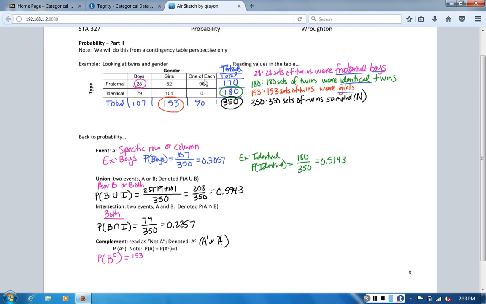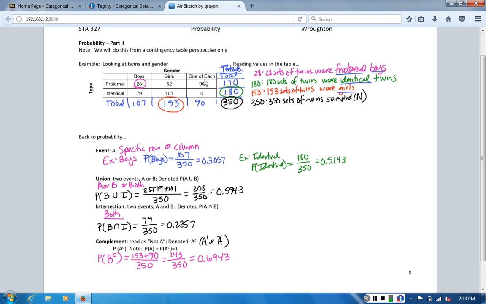It's going to be 153 girls and the 90 of one of each. Notice I just used the column totals there to make my life a little easier, over the 350. Which gives us a little shy of a 70% chance of that happening.